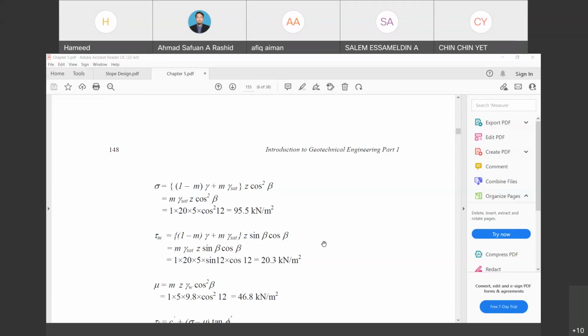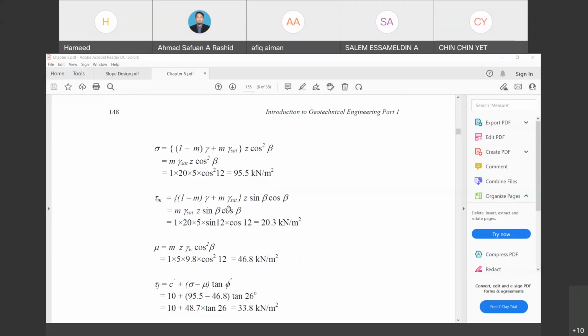So based on the formula, first we may count for the sigma. So 1 minus 1 gamma plus gamma saturated, times Z cos square beta, then we obtain 95.5. So we may eliminate this one because 1 minus 1.